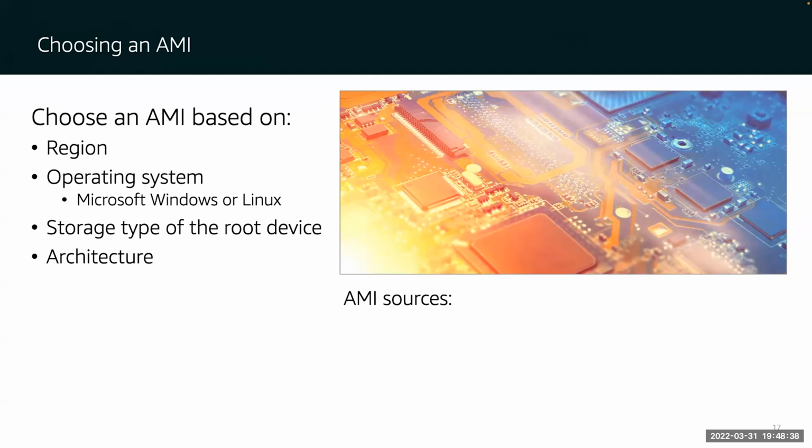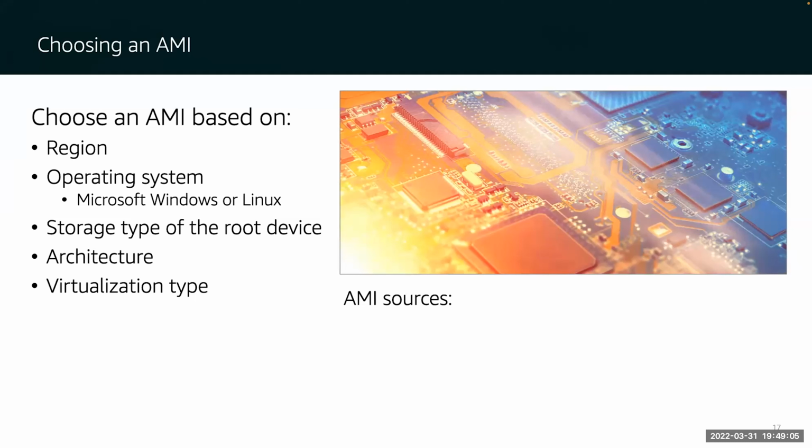And finally, the architecture, because the architecture that you want to use basically defines the type of processor your workload needs and the best fit for it. You can choose between 32-bit or 64-bit and either an x86 or ARM instruction set architecture. The next option is the virtualization type.